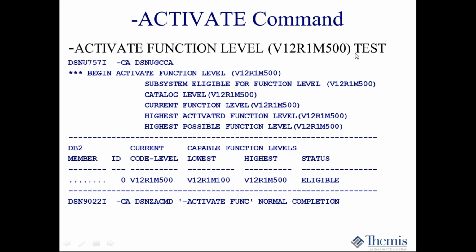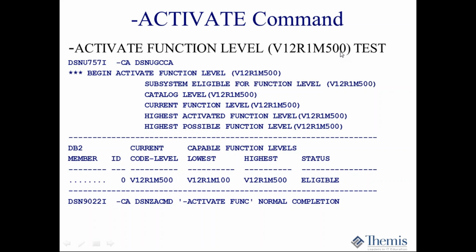So IBM gave us a test feature on the ACTIVATE: test to see if 500 will work, if everything, code and catalog, is in sync or at a level that I can actually activate 500.